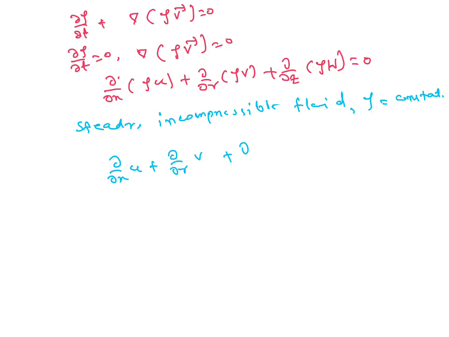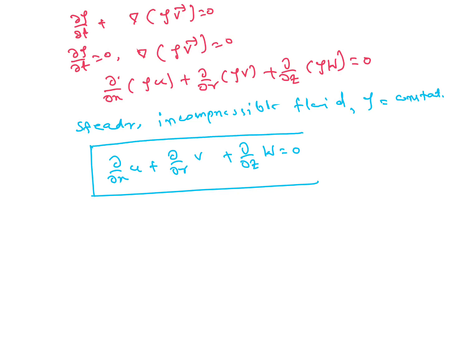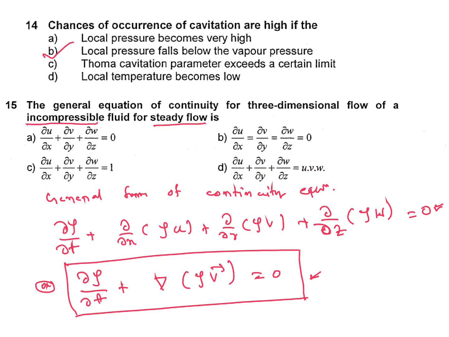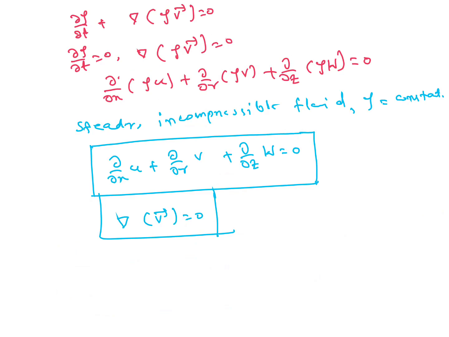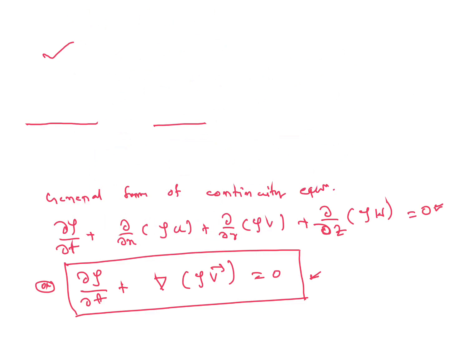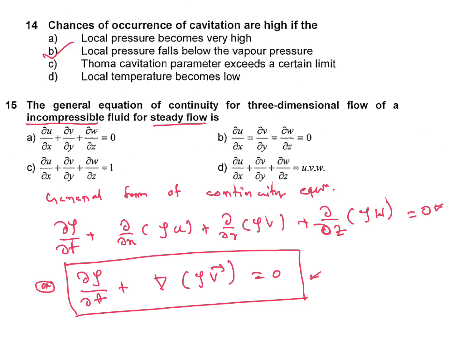This is our continuity equation in 3D form. Or we can write this as del dot V equal to 0. Both are important. In this question, they asked this one. So A is our answer for incompressible and steady flow. If general continuity equation they will ask, this is the answer.